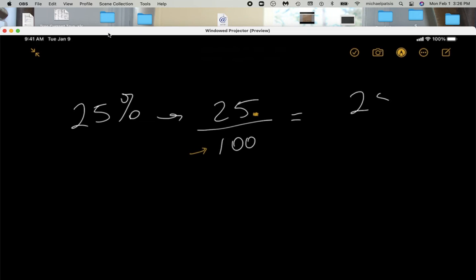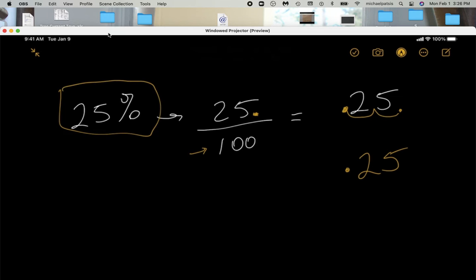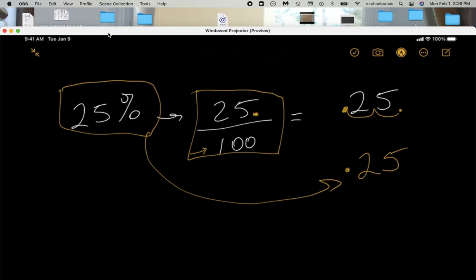So this 25 with the decimal point here is going to get smaller. We're going to move this to the left 2 places, and our final is going to be 0.25. So 25% as a decimal is 0.25. And we got there via conversion to a fraction, recognizing we're dividing by 100, and whenever you divide by 100, the numbers get smaller.